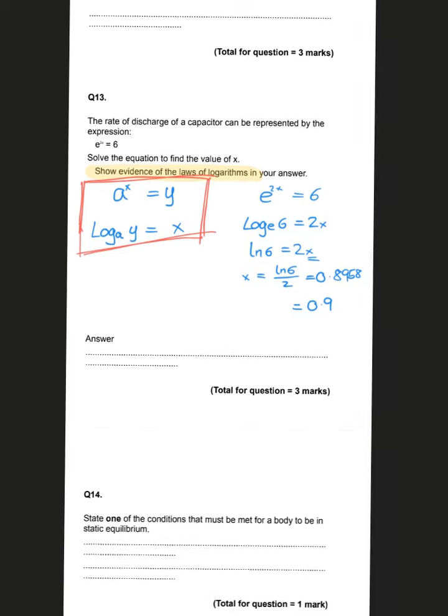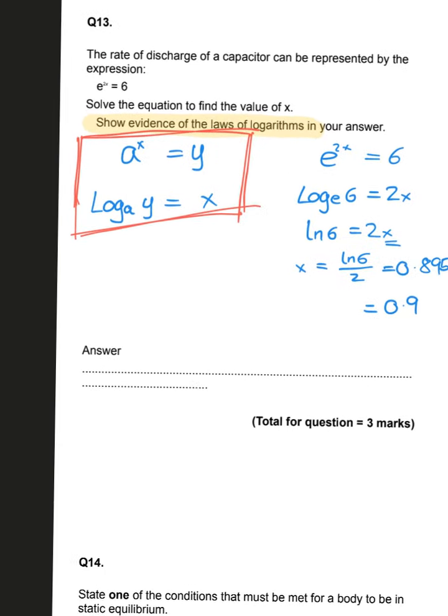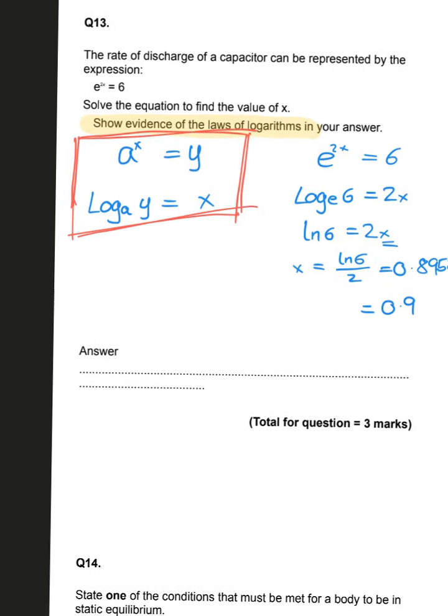And that's how you go and solve that one. So if you remember that, and then that log base e, you can put in your calculator as log base e or ln 6, you get the same answer. But you can rewrite log base e as ln. 6 is just a number, is equal to 2x. When you rearrange this by itself, x multiplied by 2, you bring it over, opposites divide by 2, and you can go and solve that way.